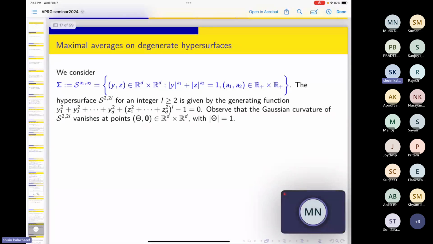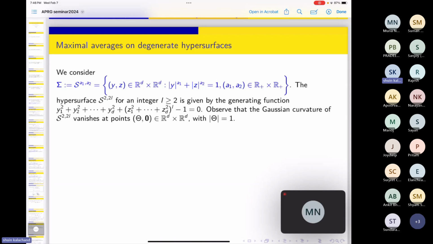In a particular case, let's say A1 equals 2 and A2 is the number 2L, where L is greater than or equal to 2, some integer. Then this is the generating function. Observe that the Gaussian curvature of this hypersurface vanishes at the points (theta, 0) with |theta| = 1.